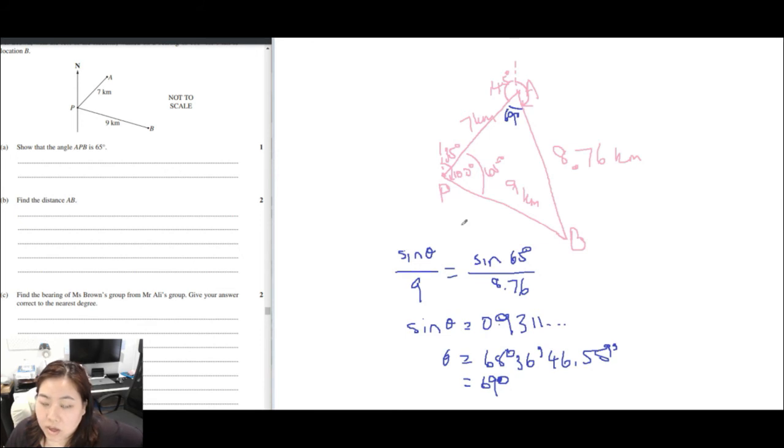Actually, I am not going to round it here. That's just silly. Do not round it before the end. Now, the bearing is going to be 360 minus these two.